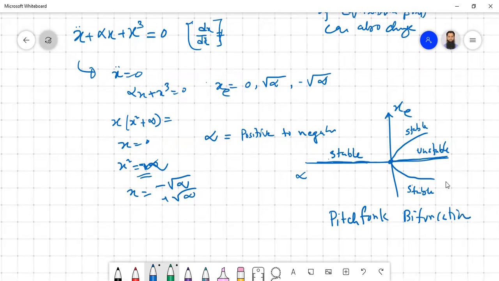What we can see here is that there was only one equilibrium point, 0, for positive values of alpha, and for negative values of alpha there are three solutions possible. One equilibrium point is becoming three equilibrium points. So the point alpha equal to 0 is the bifurcation point, the bifurcation value.